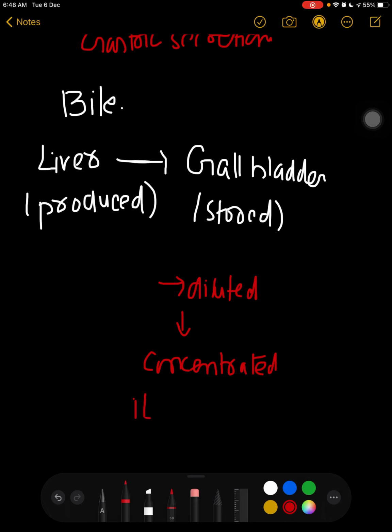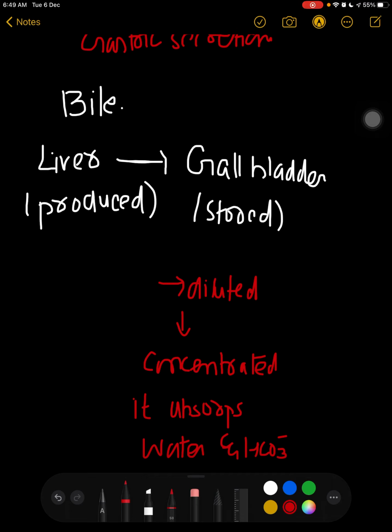It absorbs water and bicarbonate ions, and by absorbing them it becomes concentrated. The diluted bile from the liver is not at a good level. It will work, but not in a good way, right?